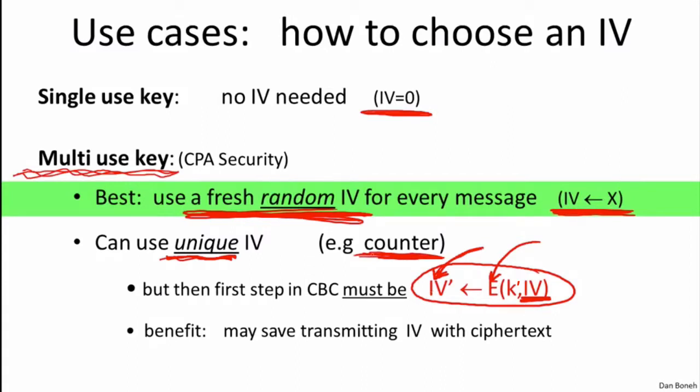So why would we want to implement the IV as a counter as opposed to a random IV? Well, in some cases, both sides might already know what a counter is. For example, the SSL protocol assumes the underlying network layer ensures in-order delivery, which means that the fifth packet sent by the sender is also going to be the fifth packet received by the receiver.